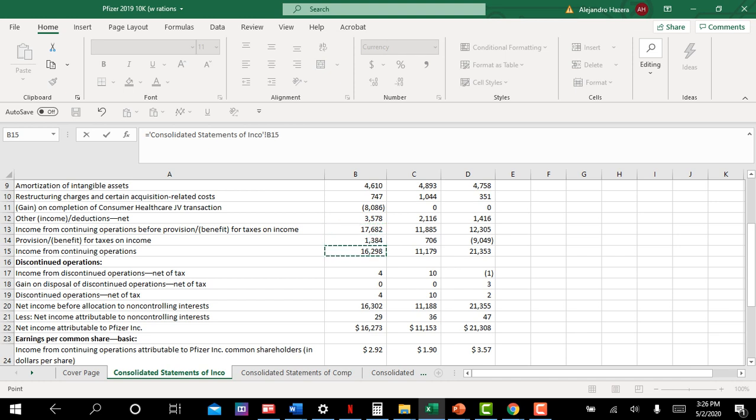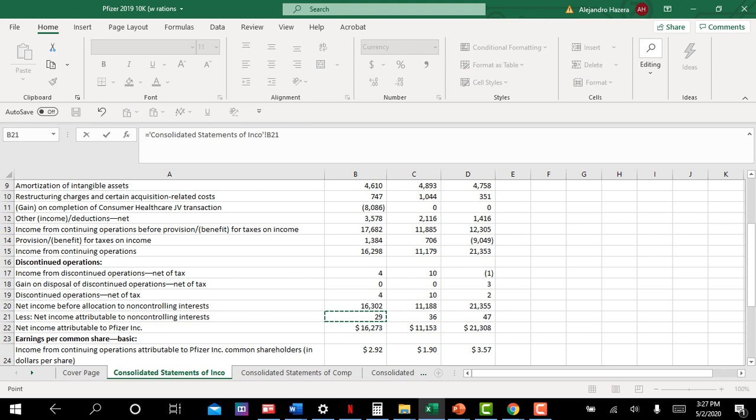Okay, and if you come down here, there's a section called discontinued operations, which are gains and losses from operations that the company discontinues. Let's say Pfizer has a division and they sell off buildings, they have a gain or loss on that. Net income attributable to non-controlling interest has to do with mergers and acquisitions.